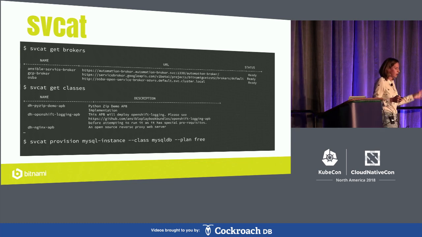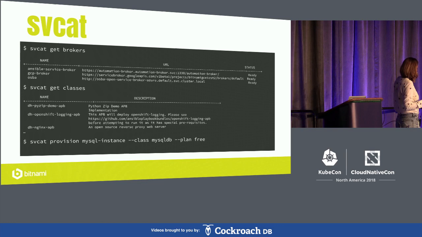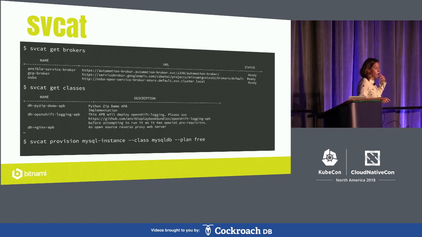Another way to interact: I'm going to be showing a couple of tools during the demo, so I want to show them here. One tool is svcat. It's in the same repo as the service catalog. It's basically an official CLI tool for the service catalog. It's great for testing. It allows you to do things like get brokers, get classes, get instances.